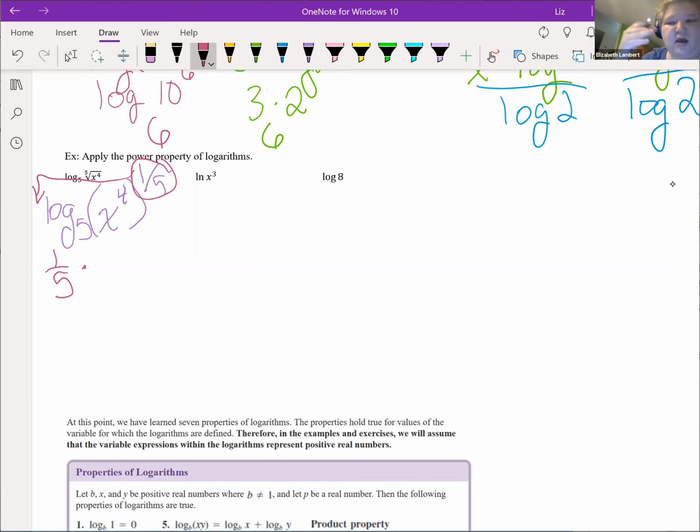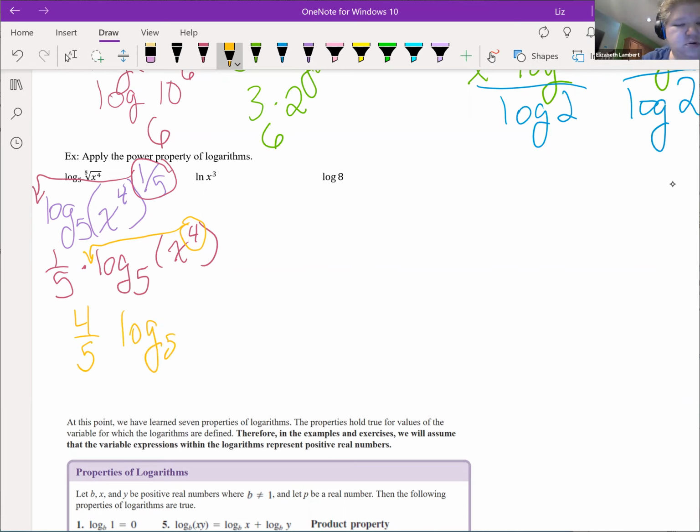So 1/5 times log base 5 of x to the 4th now. And guess what? You can do it again. Power down. So now we have 1/5 times 4, but we can just multiply those and get 4/5 log base 5 of x.